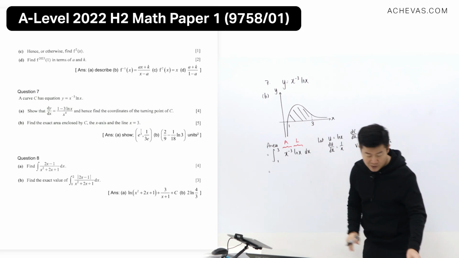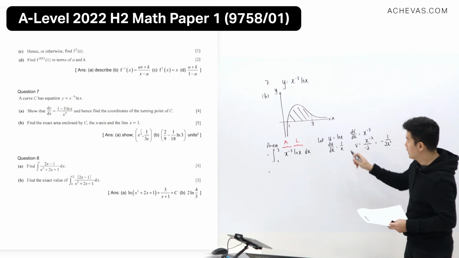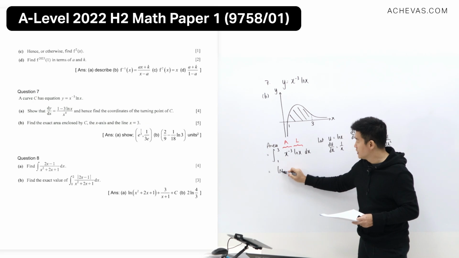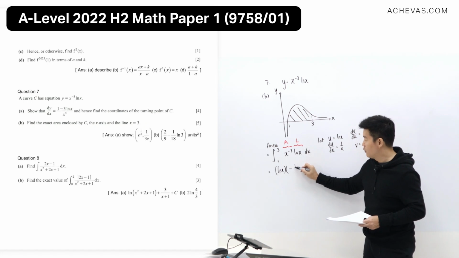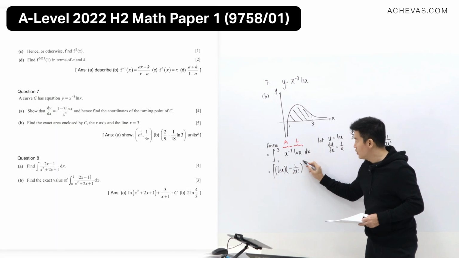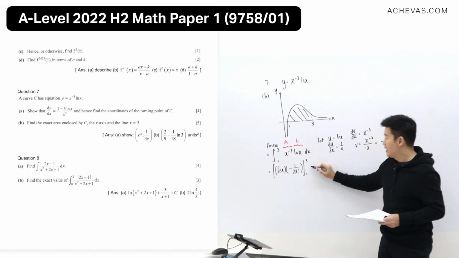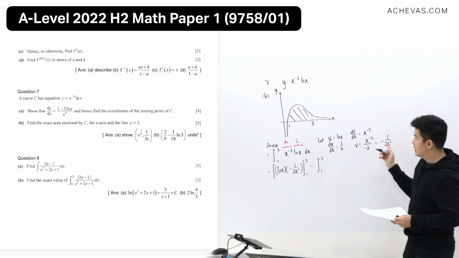So now this can be re-expressed using the integration by parts formula. It is going to be uv, so here is u, which is ln x, multiplied by v, which is negative 1 over 2x squared. And let's not forget about the lower and upper limits, 1 to 3. Then minus the integral from 1 to 3 of v du/dx.